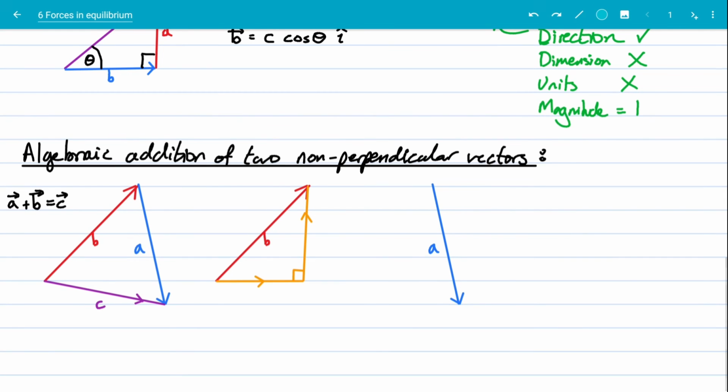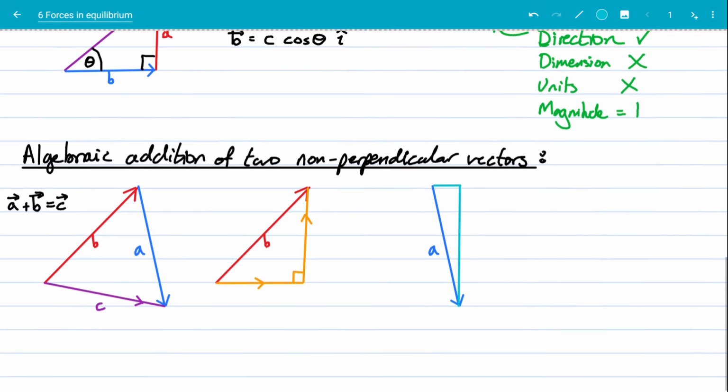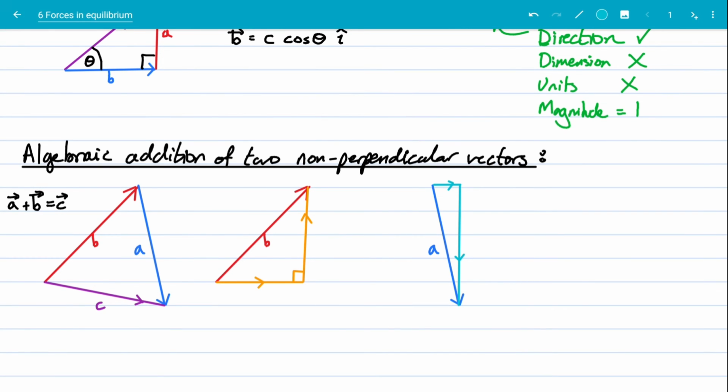One more time. Vertical, there, and horizontal component of A, and they would be in these directions, here and here. You see why sometimes I'd like to draw the arrowhead part way along instead. So you can see what we're doing there.